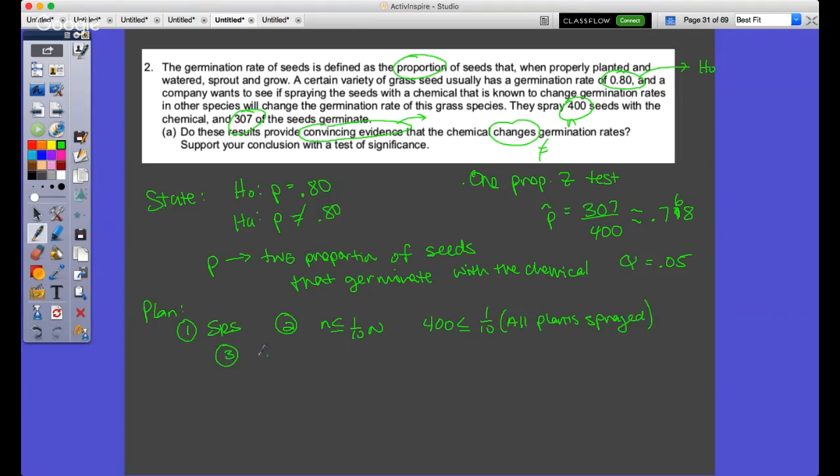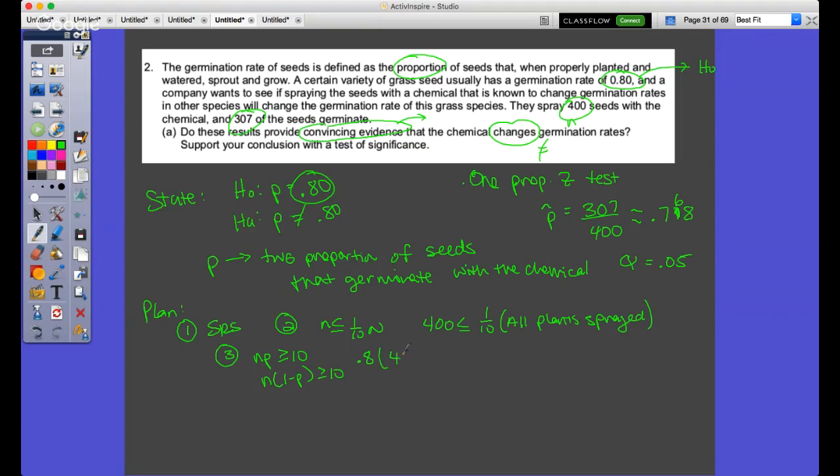Part 3, remember there's only one thing you have to show, and that's the large counts condition. This has to be true, and if it's not, then we can't approximate this as normal. But usually, especially in an FRQ setting, you're going to be good. Remember, with p, we always put in 0.8, not the p hat. That's important.